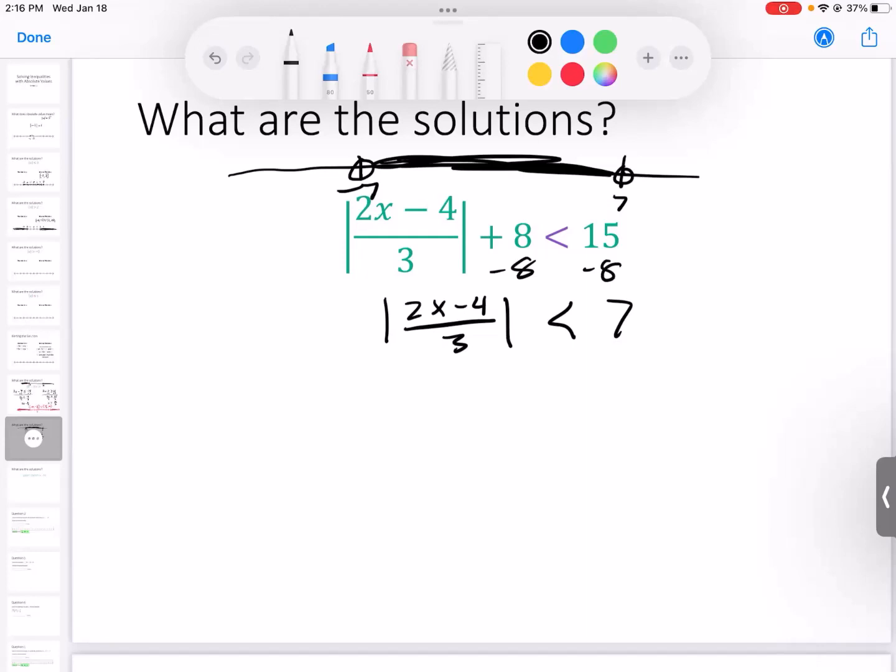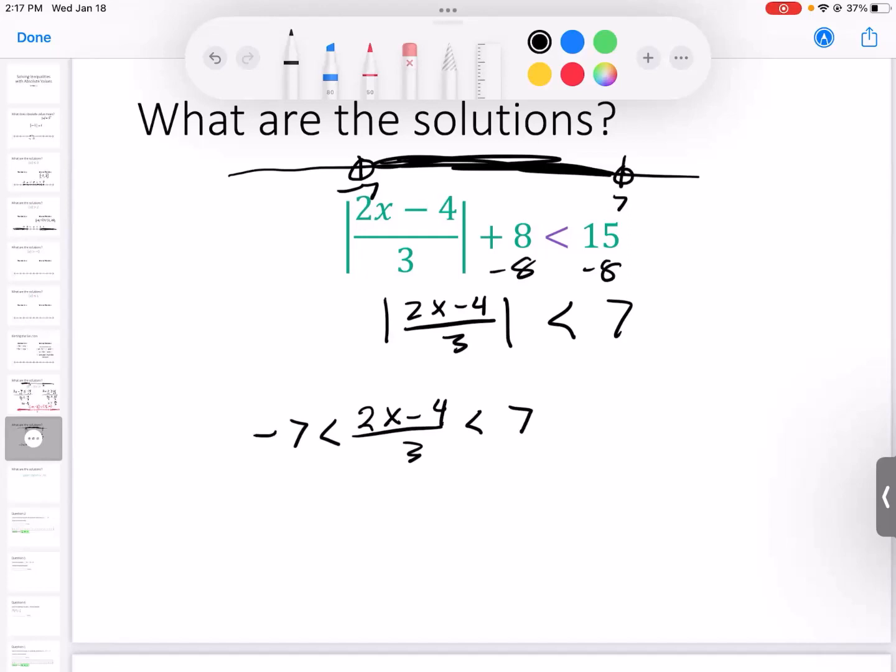Now, in this case, we don't have to write 2 inequalities because this is only one section of our number line. But it's going to be what's called a compound inequality, which has 2 inequality symbols in it. So you're going to say 2x minus 4 over 3 has to be between 7 and -7.